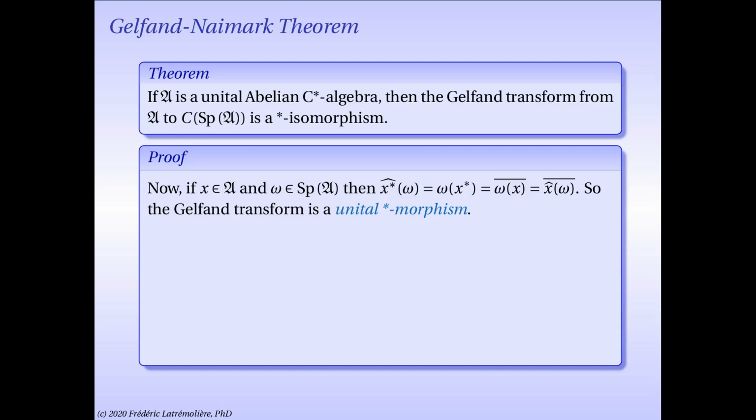In other words, the conjugate of the Gelfand transform of x at omega. And so again, if you forget the middle equalities here and look just at the ends, you see that the Gelfand transform is a star morphism. And it's unital, so it's a unital star morphism.